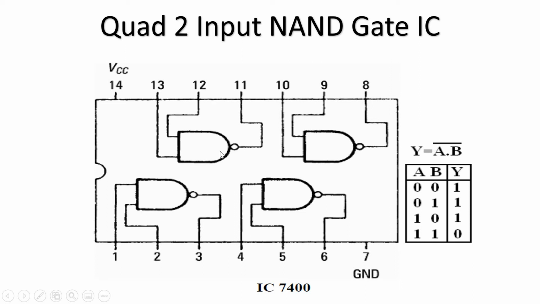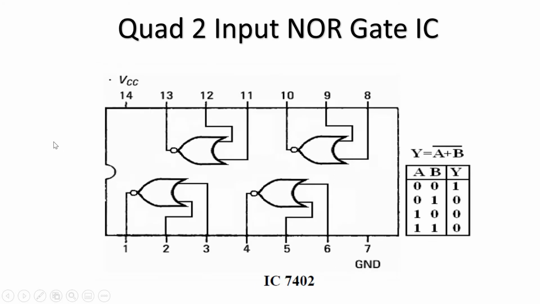So whenever you are going to construct any logical circuit, you can use these ICs based on the corresponding numbers, and by connecting to appropriate pins, you will use that function. The next gate is the 7402, which is a NOR gate.